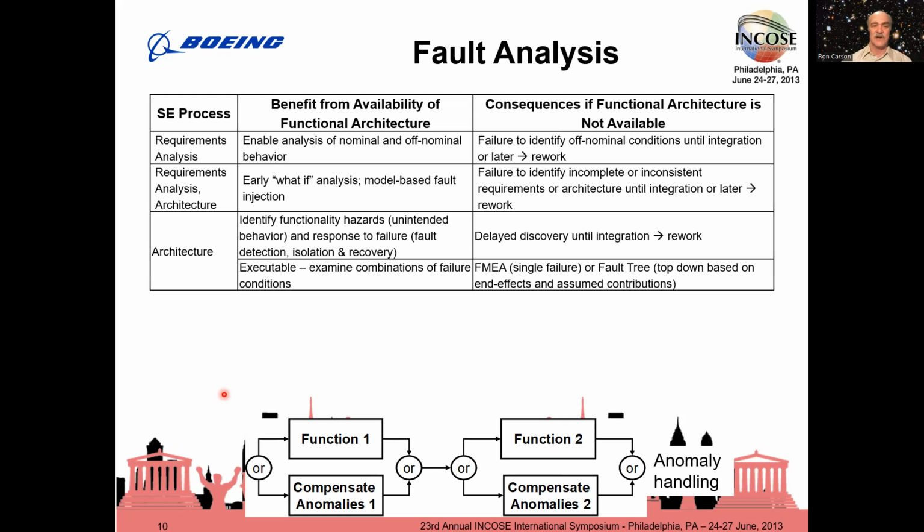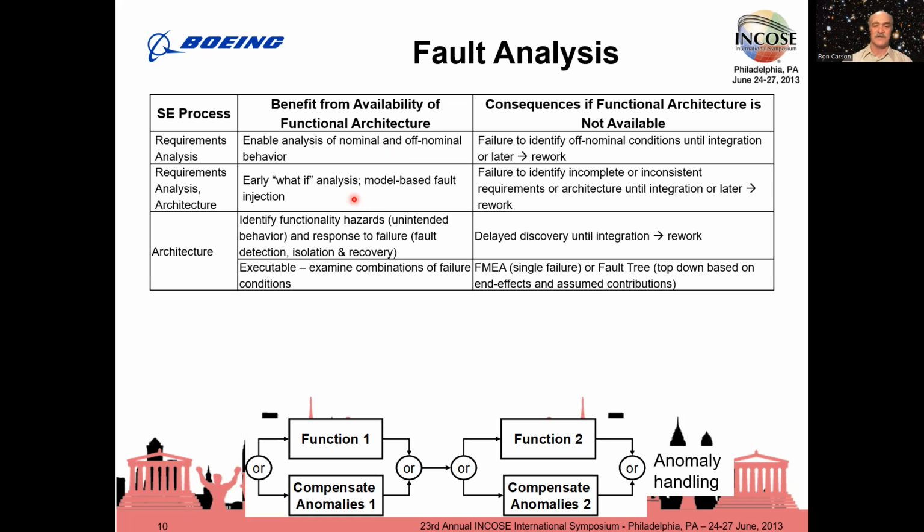So functional architecture enables us to analyze both nominal and off-nominal behavior, gives us an opportunity to address what if, and you can also, if you've got an executable model, inject failures and see what the system does under those conditions of failure, or different inputs, or unexpected inputs.